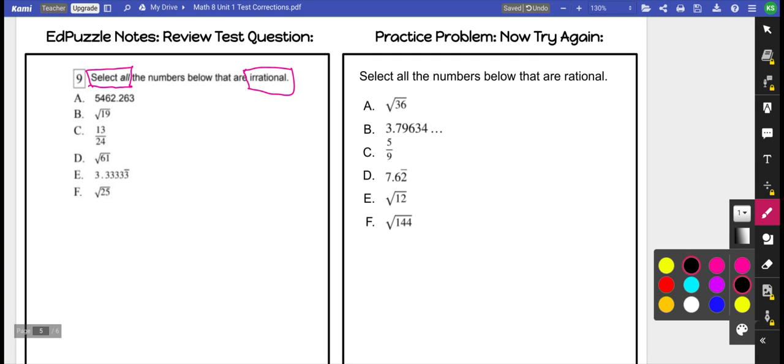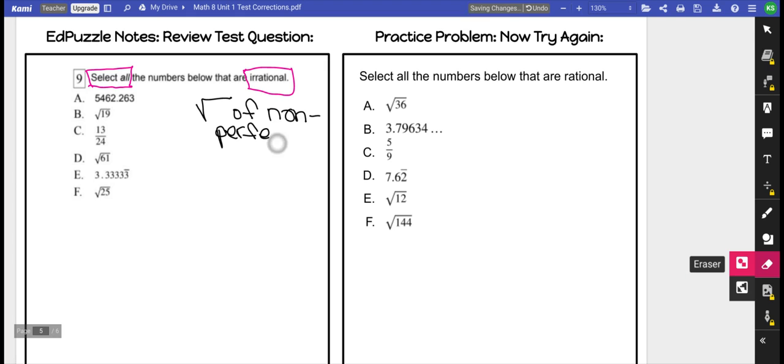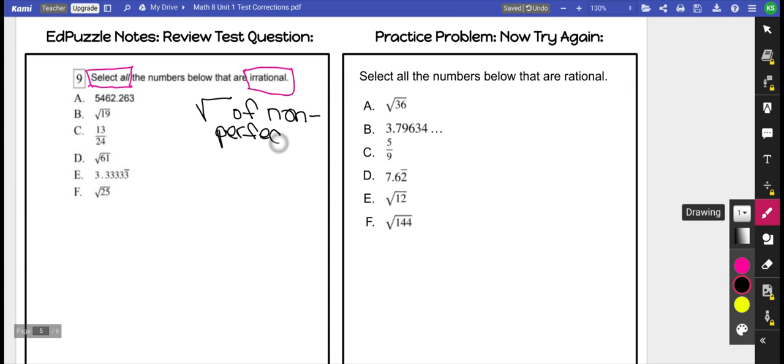So the square root of non-perfect squares. Oops, I can't spell, so let me fix that. Squares.